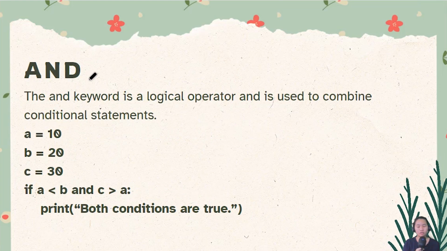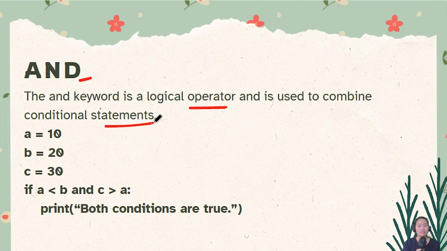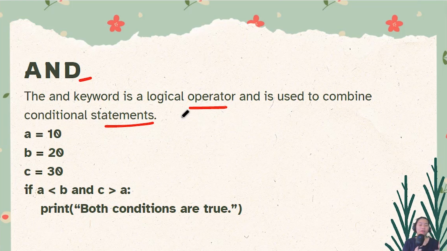Let's move on to another topic. The and keyword is a logical operator and is used to combine conditional statements. So what this basically does is that, let's say you have two conditions that you want to be met, right? You want a result that is coming from satisfying two conditions at the same time.